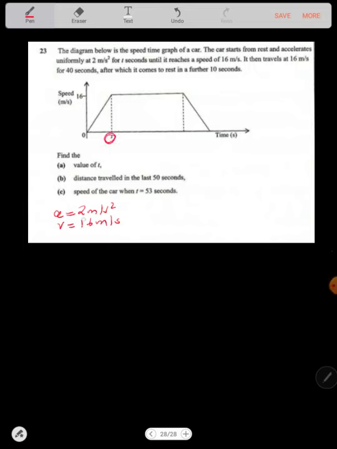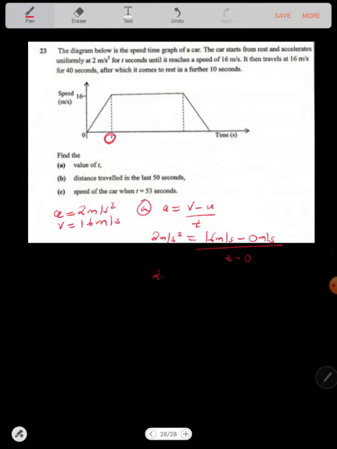Now this time is accompanied by acceleration. Know that acceleration is equal to final velocity minus initial velocity over time taken. Acceleration here is 2 meters per second squared, which is equal to the final velocity, 16 meters per second, minus 0 meters per second, divided by the time taken, which is what we're looking for, t minus 0, which is just the same as t.